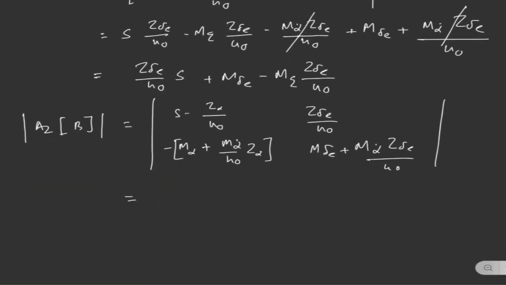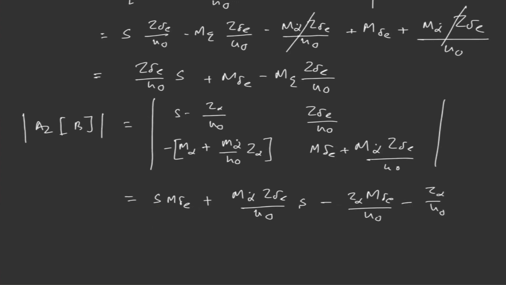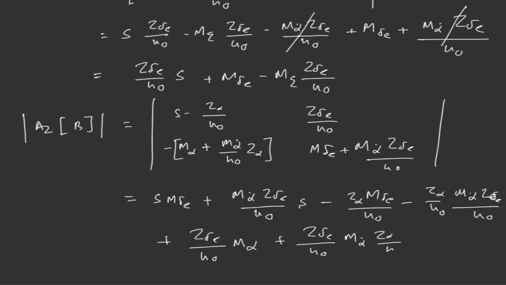And the determinant is M delta I plus M alpha dot G delta I divided by U naught, minus G alpha M delta I divided by U naught, minus G alpha U naught M alpha dot G delta I divided by U naught, plus delta I divided by U naught M alpha, plus delta I divided by U naught M alpha dot G alpha divided by U naught. These two terms can be cancelled out because they are the same.